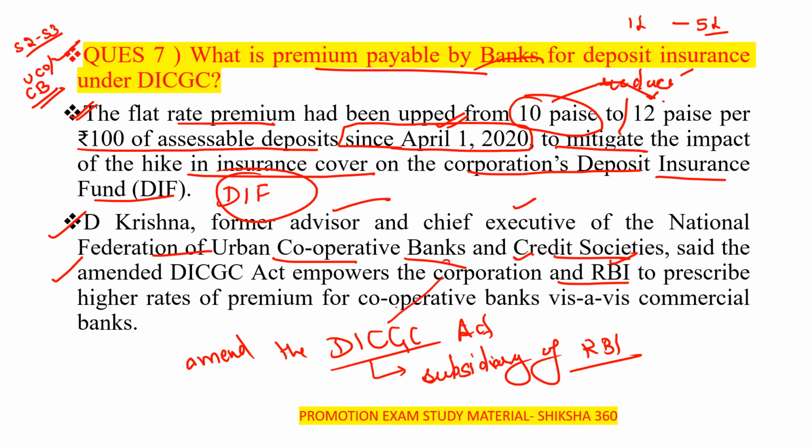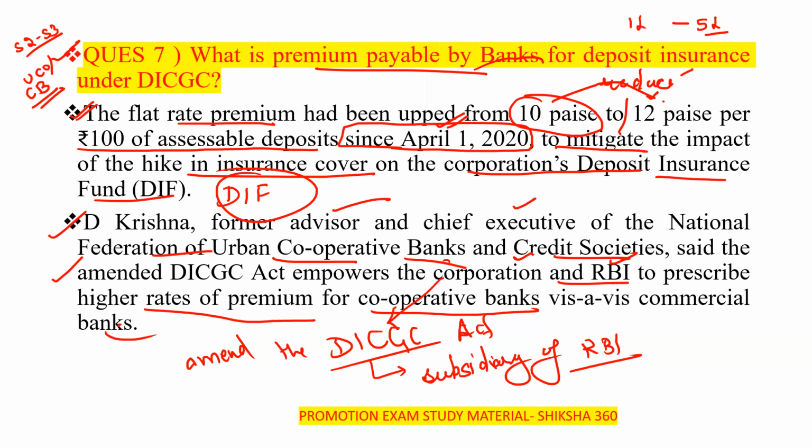The corporation can prescribe a higher rate of premium for cooperative banks vis-a-vis commercial banks. Clear? They will prescribe higher rates for cooperative banks because there are more chances of failure of cooperative banks compared to public sector banks or commercial banks.